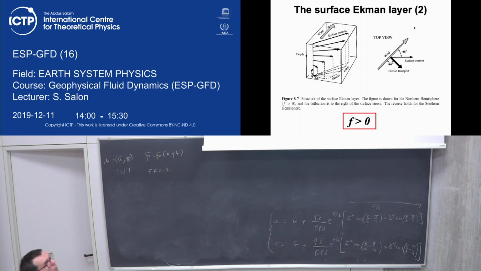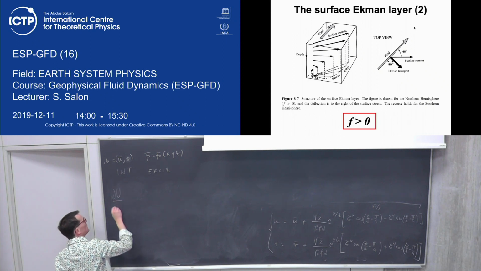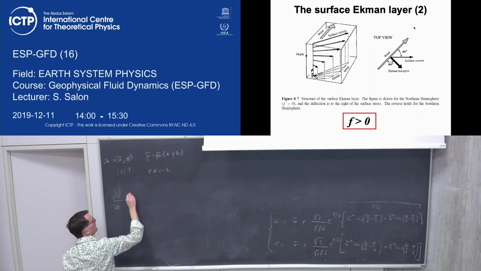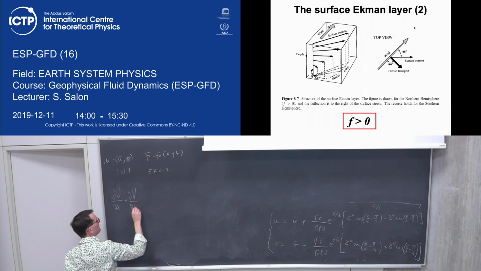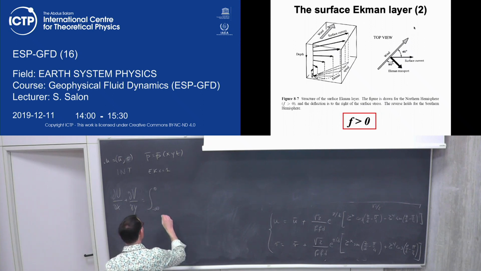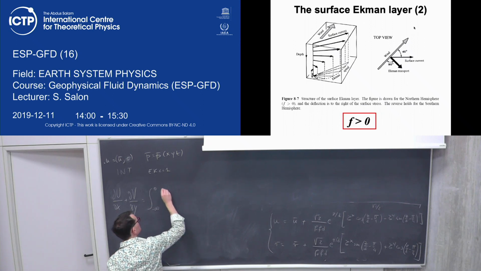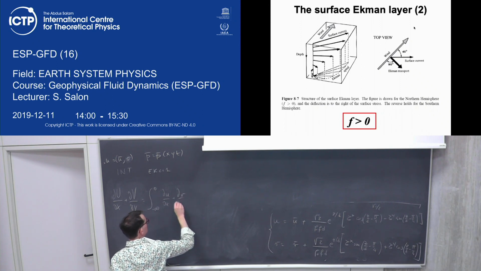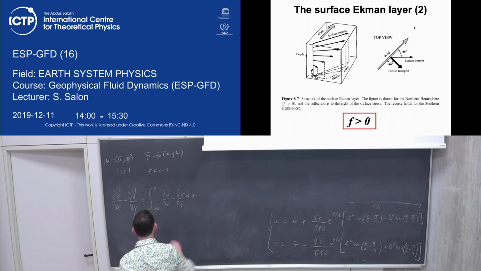So we wonder if we can have something similar also here. So again, dU over dx plus dV over dy, which is equal to minus the integral of du/dx plus dv/dy dz.